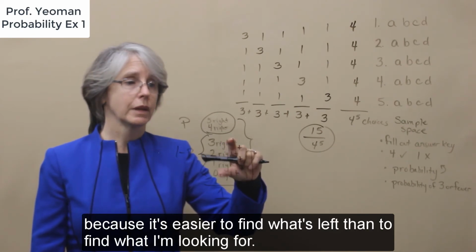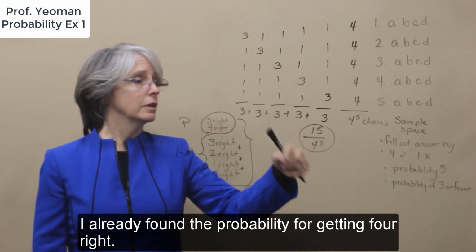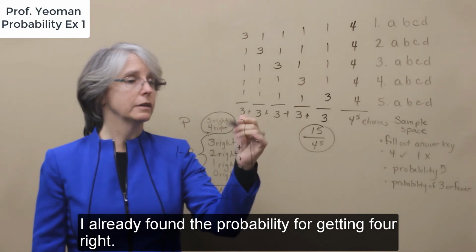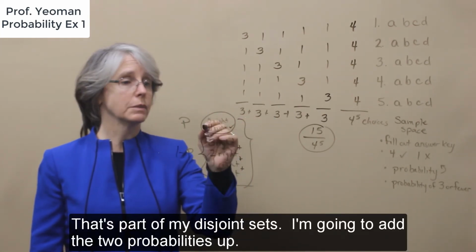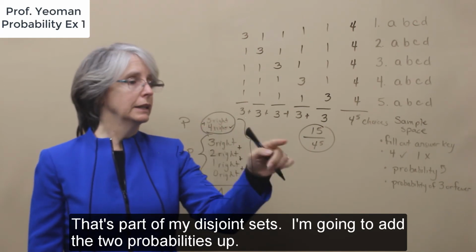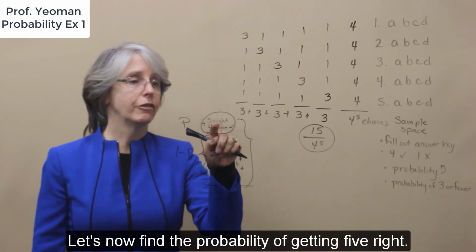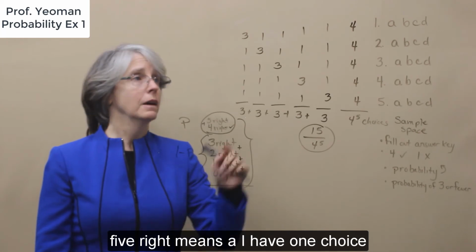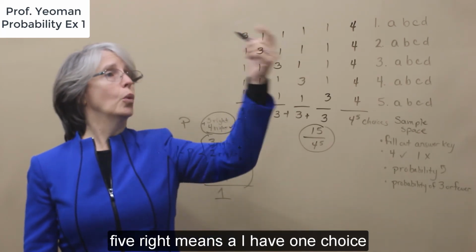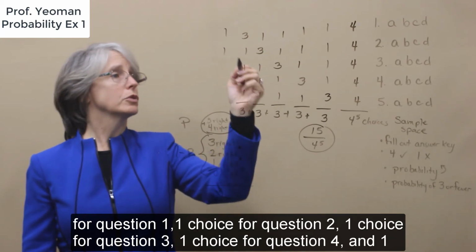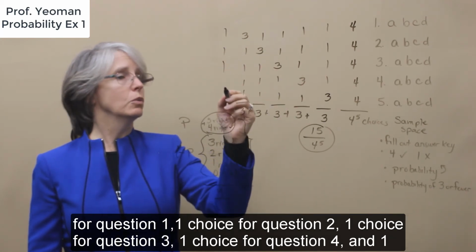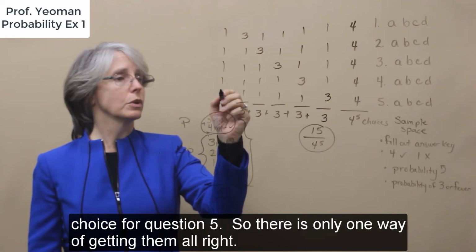I already found the probability for getting 4 right. So I have that one. And that's part of my disjoint set, so I'm going to add these 2 probabilities up. Let's now find the probability of getting 5 right. 5 right means I have 1 choice for question 1, 1 choice for question 2, 1 choice for question 3, 1 choice for question 4, and 1 choice for question 5.